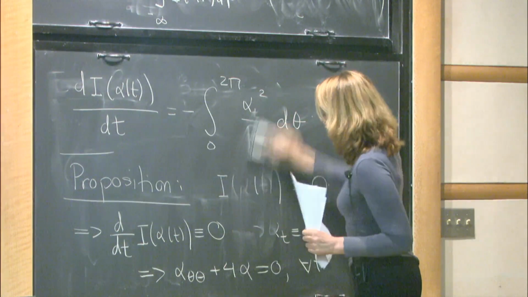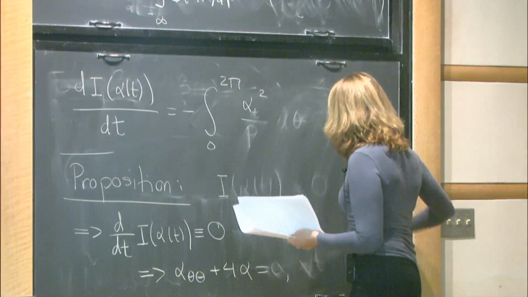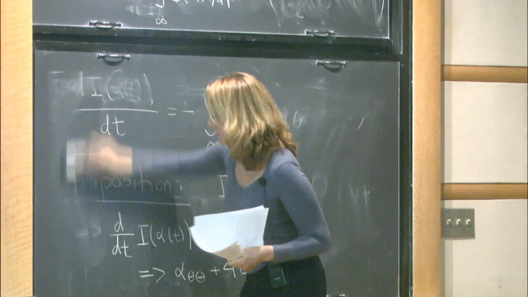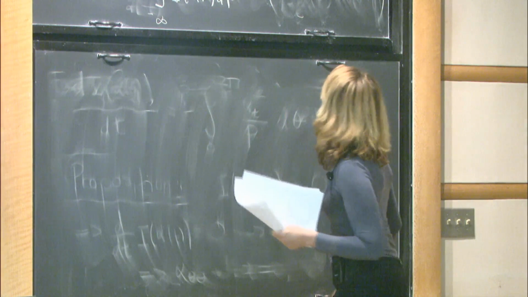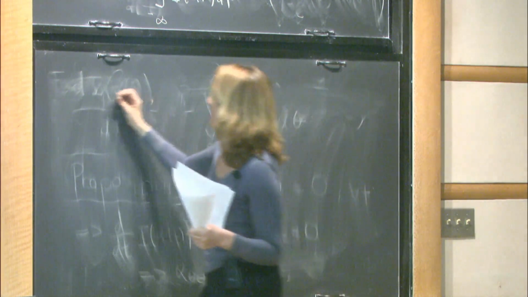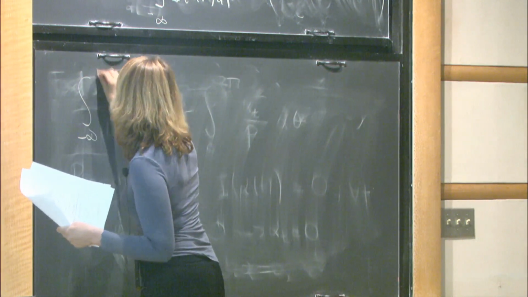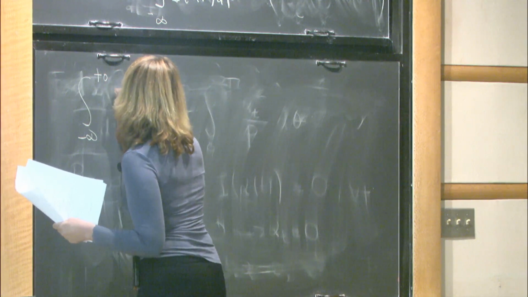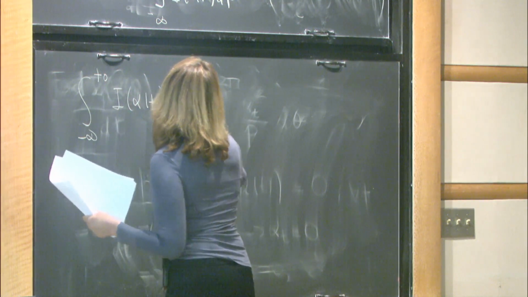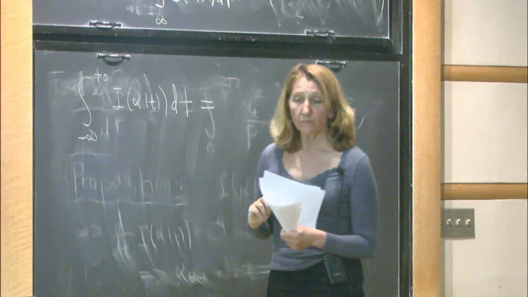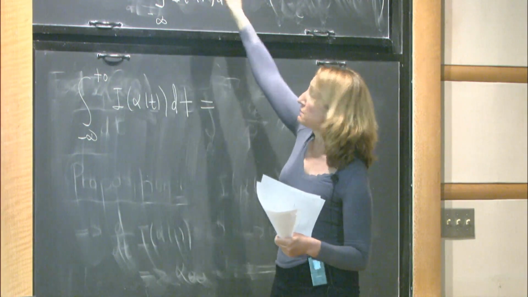The key point here is that the integral from minus infinity to t naught of I of alpha of t dt is equal to minus this plus this.